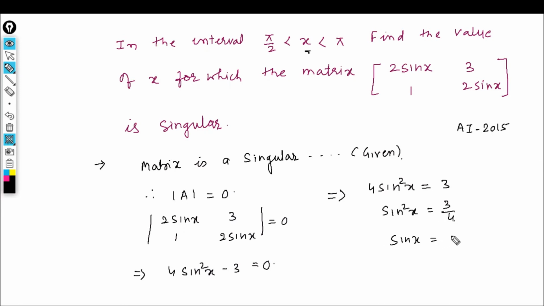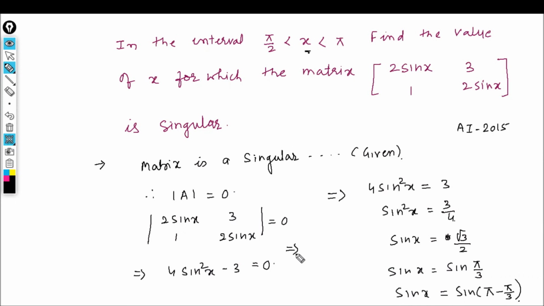Sin x is equal to, देखिए बच्चों, प्लस और माइनस √3/2 आए। Now I can write this as sin x is equal to sin of pi by 3, but x lies in second quadrant, so this can be written as sin of pi minus pi by 3 in second quadrant.